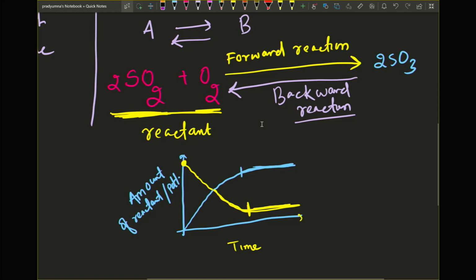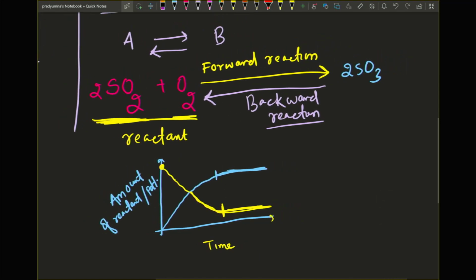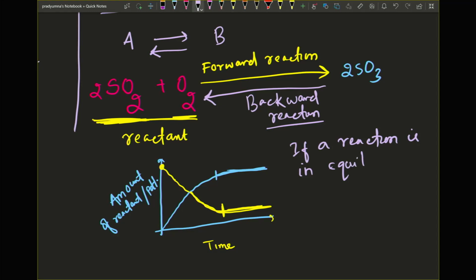If a reaction is in equilibrium, the forward reaction must match the backward reaction.